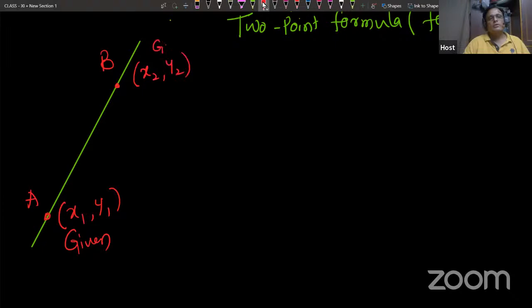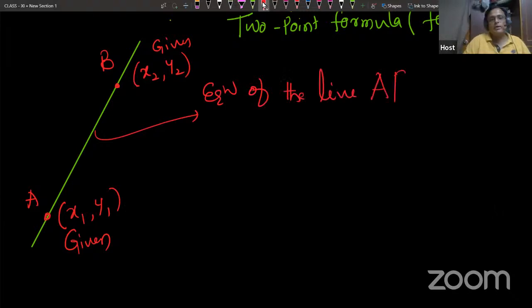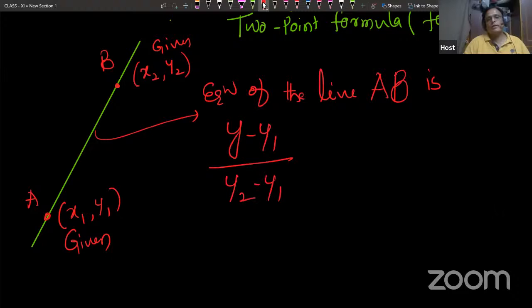To find the equation of the line AB, what is the formula? Remember, (y minus y1) upon (y2 minus y1). Finished, no need to remember the right hand side. In the right hand side, what happened? Replace y by x: (x minus x1) upon (x2 minus x1).